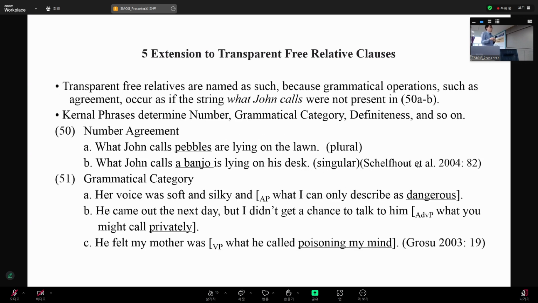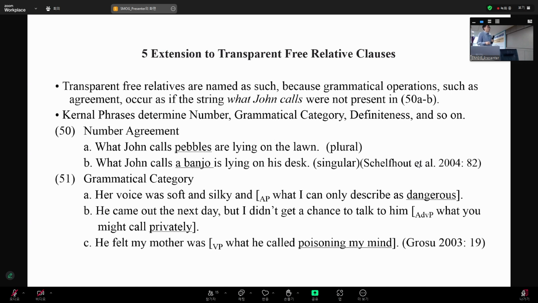Okay, so let's finally consider transparent free relative clauses. 50 are typical examples of transparent free relative clauses. What John calls pebbles are lying on the lawn. This is a typical example of transparent free relative clauses. And transparent free relatives are named as such because grammatical operations such as agreement occur as if the what John calls clause were not here.